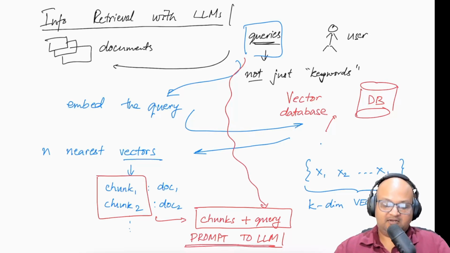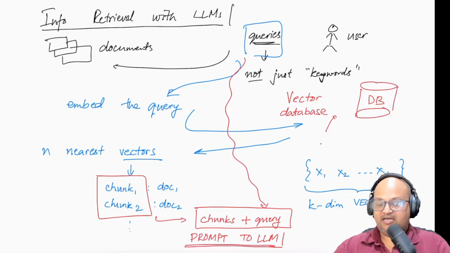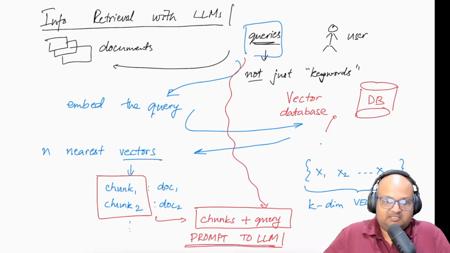So the vector database and the vector embedding are a mechanism to take your large corpus and give you back just the few semantically related chunks that are related to your query. And that then goes into a prompt to an LLM, which is able to synthesize an answer to your query. So that was a high-level overview of how this entire information retrieval pattern works with vector databases and LLMs.